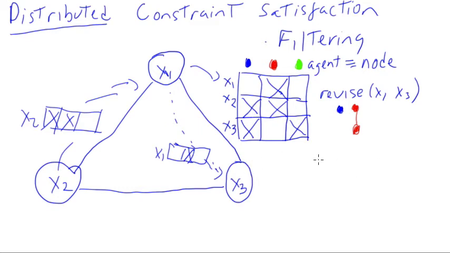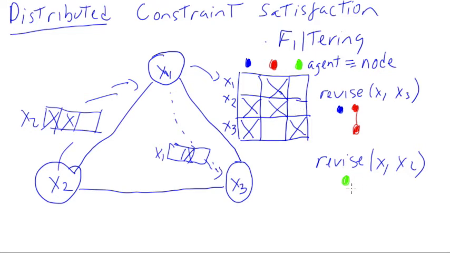And now he goes again and does a revise of x1 and x2, and he realizes that if I am blue, it's okay. If I am green, so agent 1 is like, okay, if I am green, well, x2 has to be green.